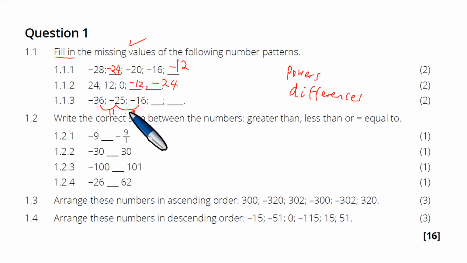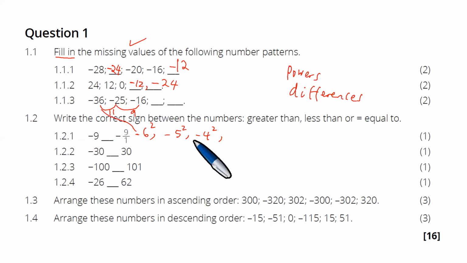So this one is 6 squared, this one is 5 squared, this one is 4 squared. What is 6 squared? It's 36. 5 squared is the same as 5 times 5, which is 25. And 4 times 4 is 16.